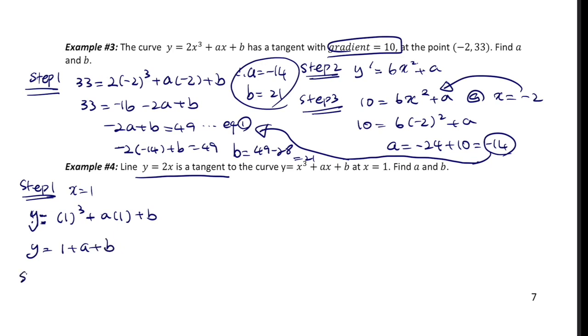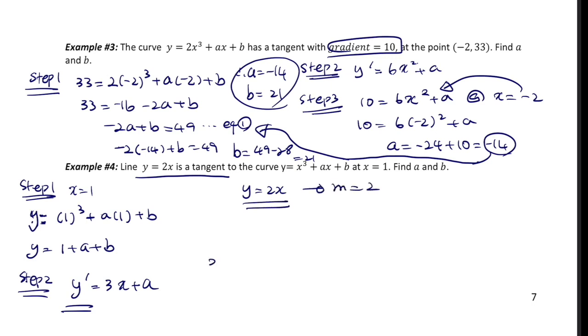Then step 2, we need to differentiate this curve, right? So we get y prime equals 3x plus a. And we also know that this y prime is equal to the slope of the tangent line, right? So we know the equation of the tangent line is y equals 2x. Then from here, we know that slope is equal to 2.